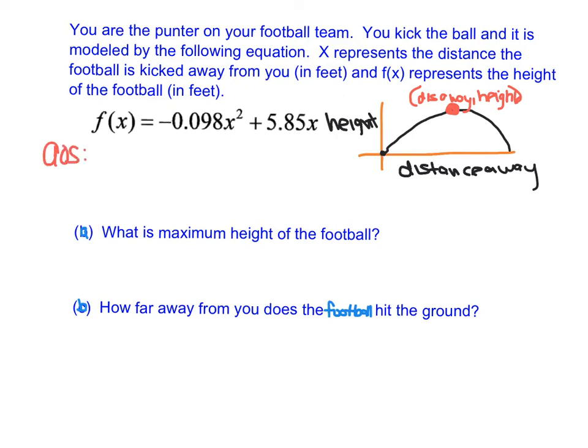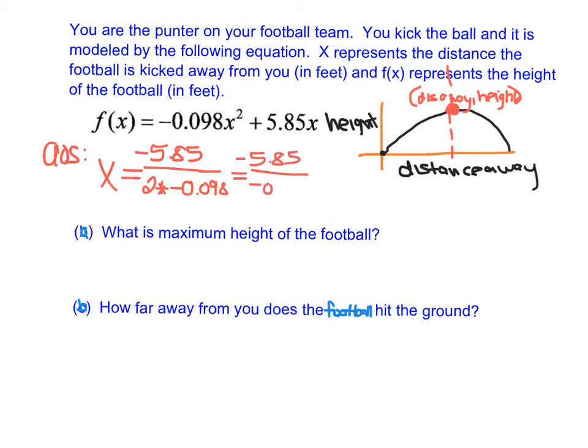In order to start this process for part A, we need to identify our axis of symmetry, which remember is the middle of this graph right here, and it's x is equal to negative b, or opposite b, so 5.85 divided by 2 times our a value, which is negative 0.098. So that becomes negative 5.85 divided by negative 0.196.